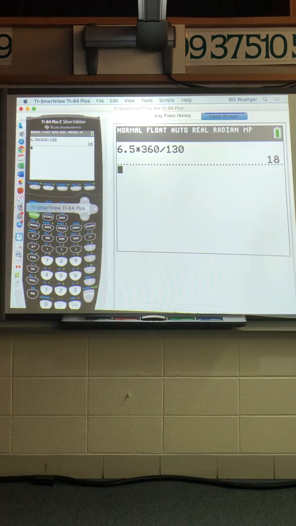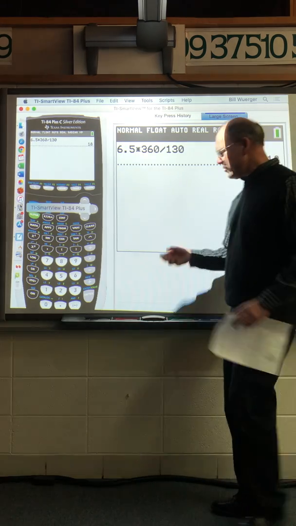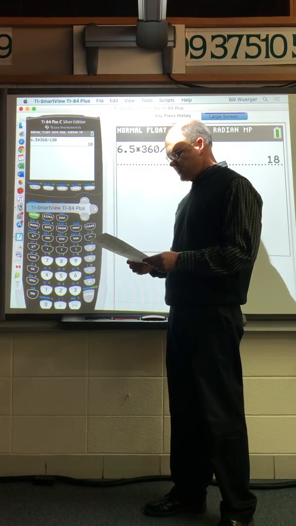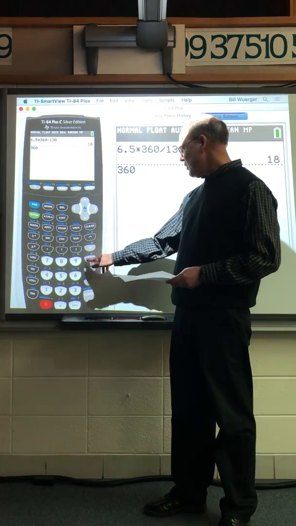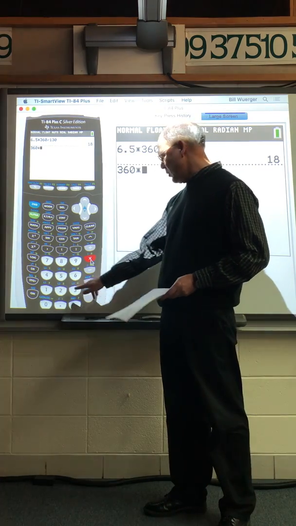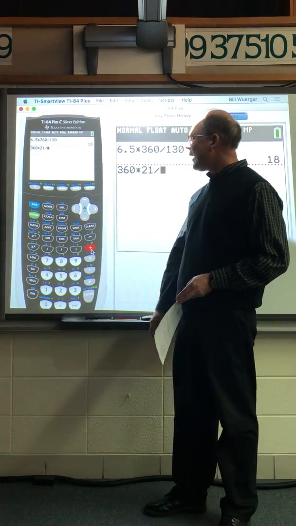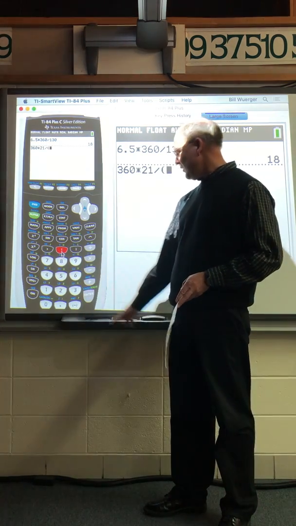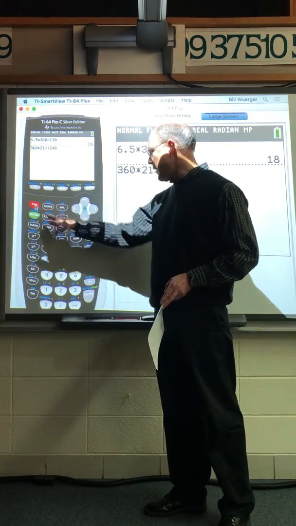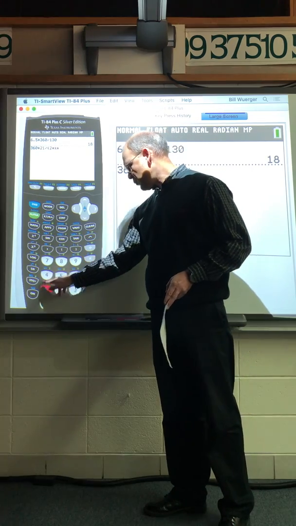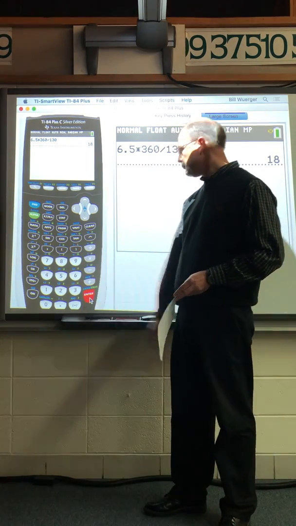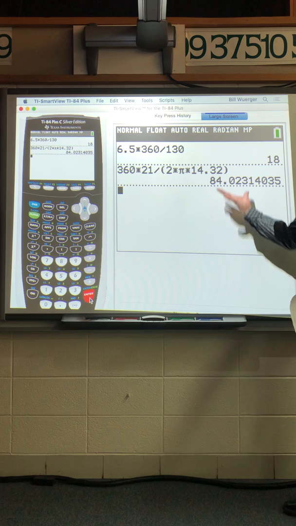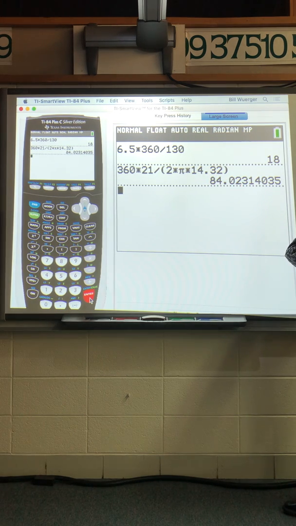On some of these problems, typing it into the calculator is not super straightforward. 360 times 21 divided by, and then I'm going to put parentheses around my 2 times pi times 14.32. And if we're rounding to the nearest tenth, that's real close to 84.0.